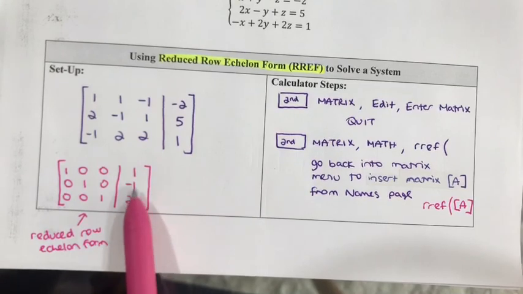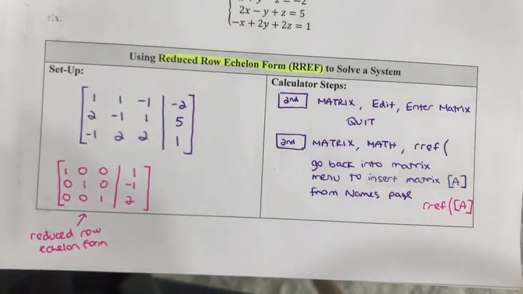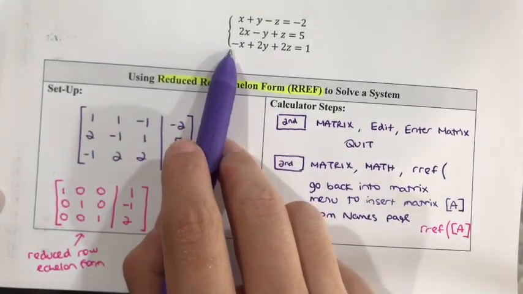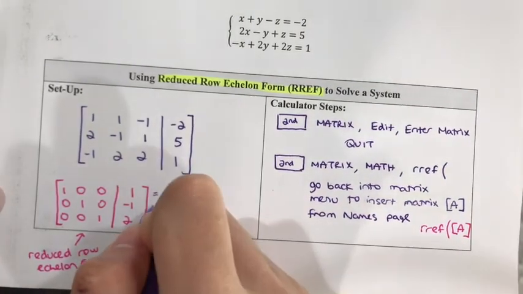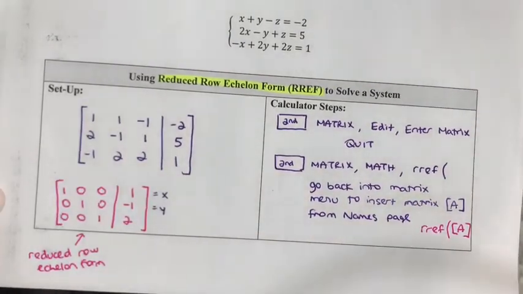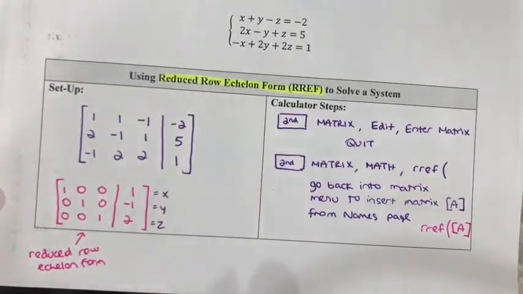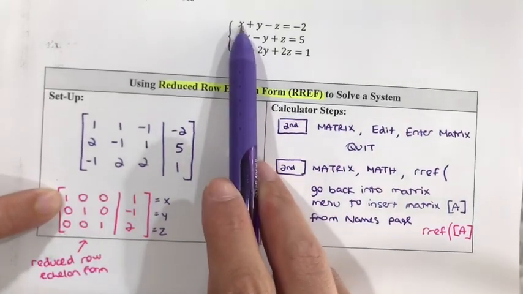On the right-hand side, these are the variables. So the variables are always going to go in order that they appeared in the equation. So that's going to be my x value, that's going to be my y value, and that's going to be my z value. Now the reason why that happens is because notice we have a 1, it corresponds with the x.